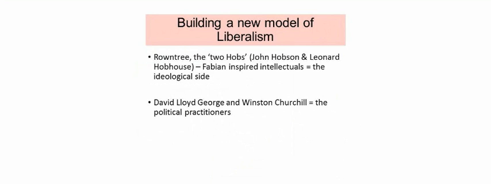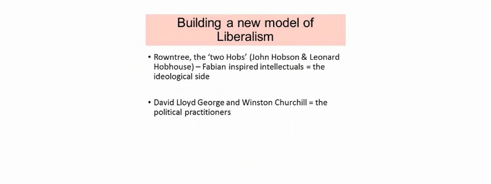Rowntree, Booth to a lesser extent, and the two Hobbes, John Hobson and Leonard Hobhouse, who are Fabians, or used to be Fabians, actually left the Fabian Society in the 1890s, but originally Fabians, so socialists, they create much of the basic arguments, economic ideology, and much of the writing, the literature, the marks of socialism. The Hobbes are almost the equivalents.